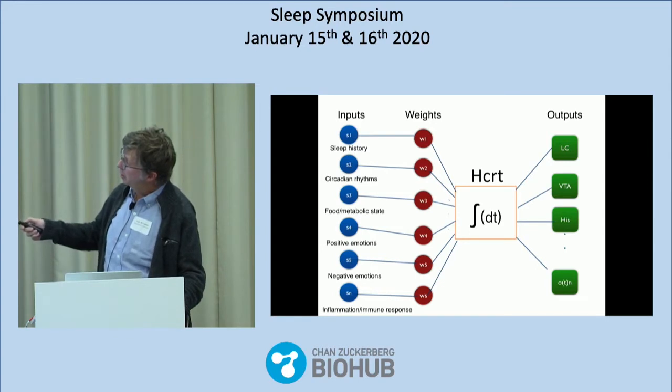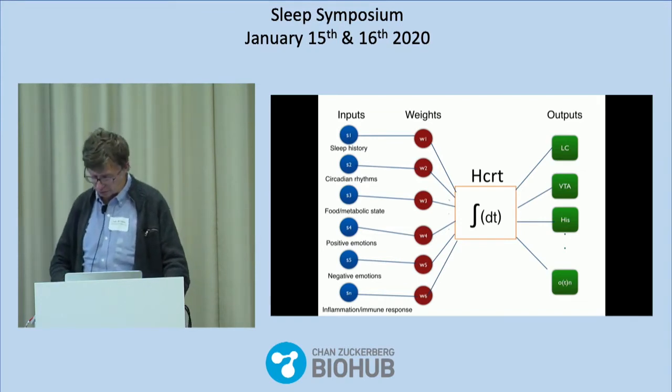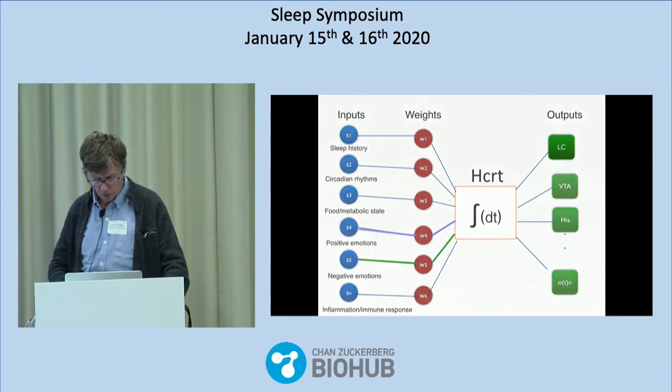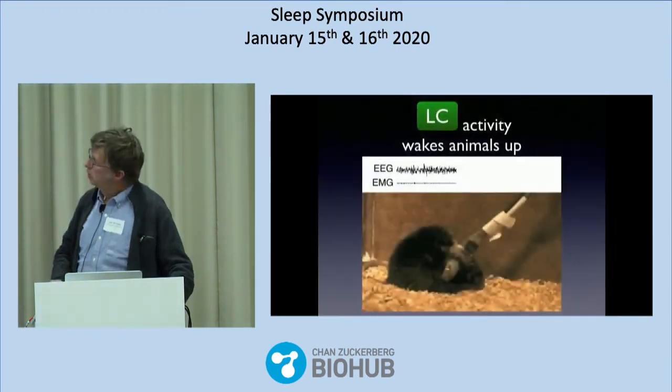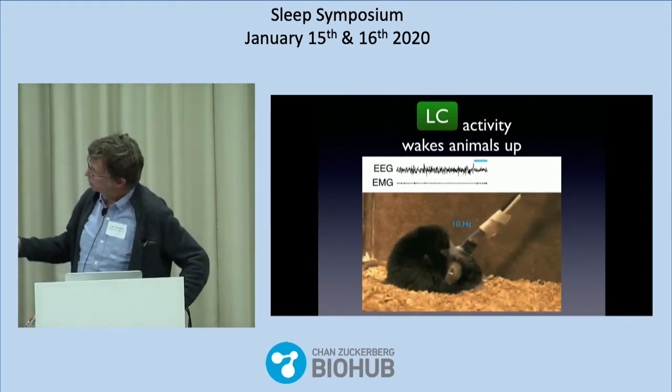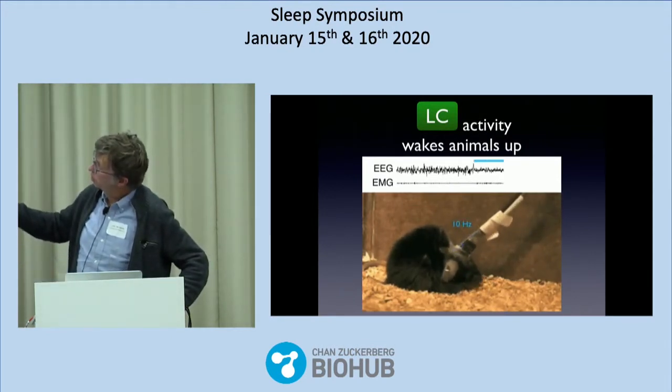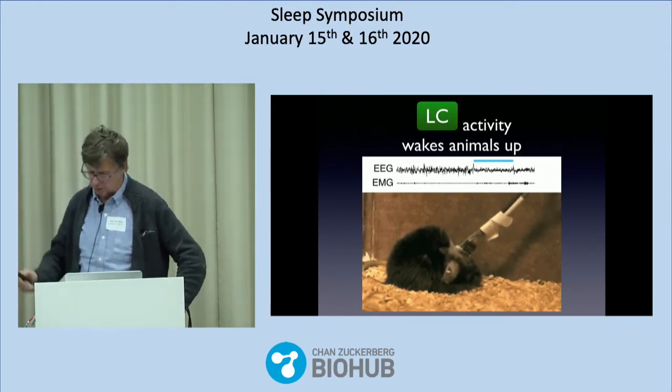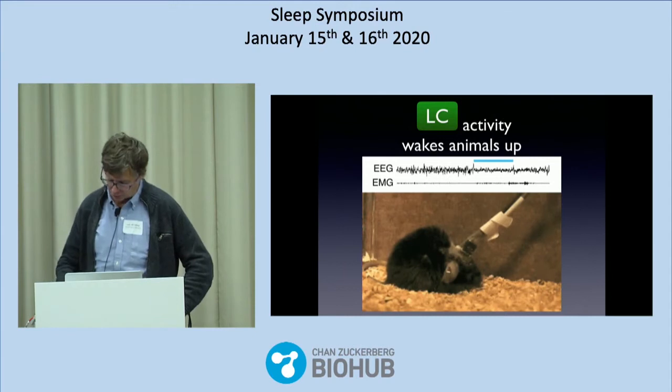So a signal coming from hypocretin neurons that activates any of these would eventually elicit an arousal response. And this is work already published many years ago, showing that indeed locus ceruleus activity is sufficient to induce an awakening. This is one of the first optogenetic experiments.